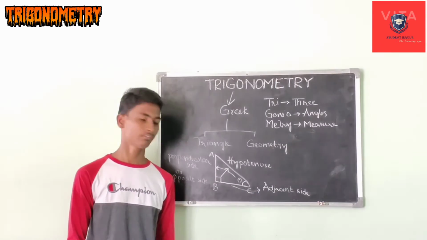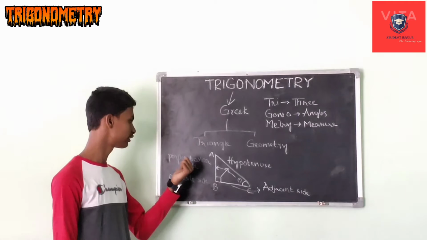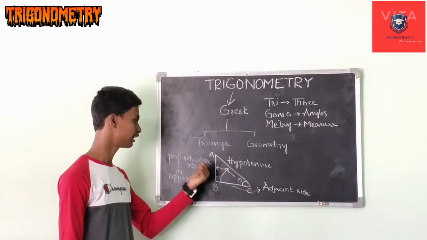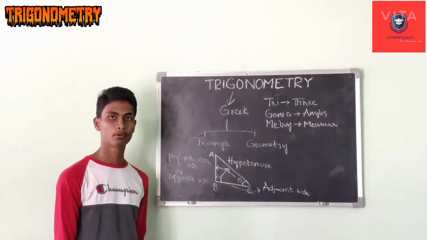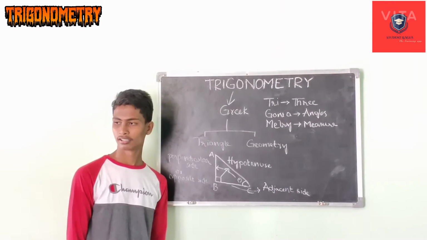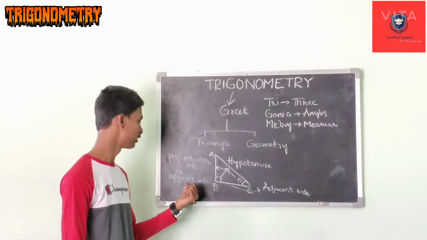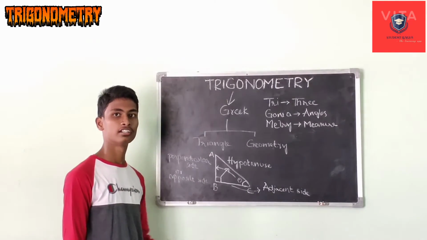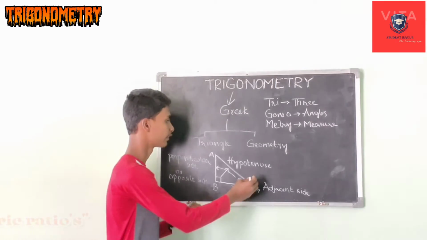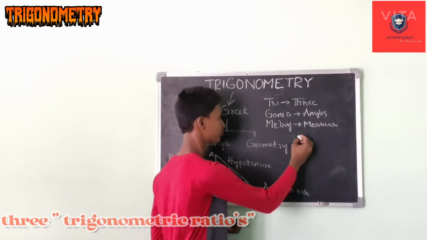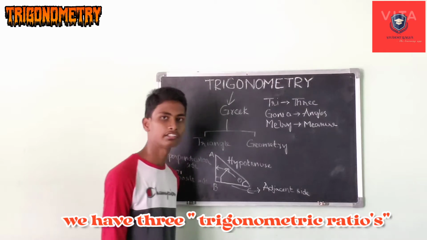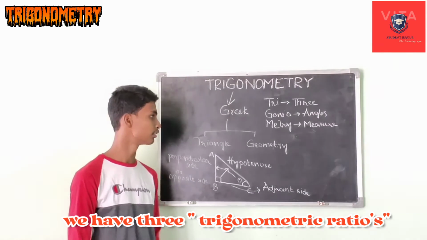Now we know which side is called the hypotenuse, opposite and adjacent side. So we have three trigonometric ratios.